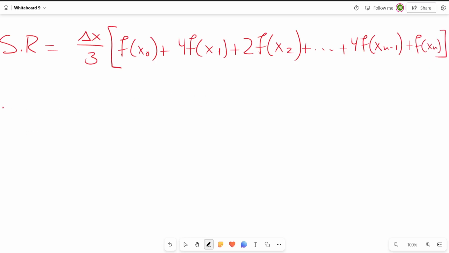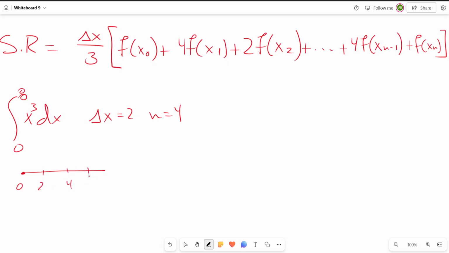So let's try and do that for the same problem that we had. So delta x was equal to 2, n was equal to 4, our number line was 0, 2, 4, 6, and 8.